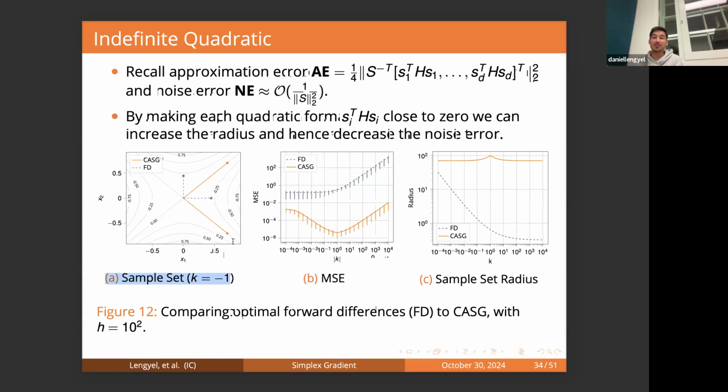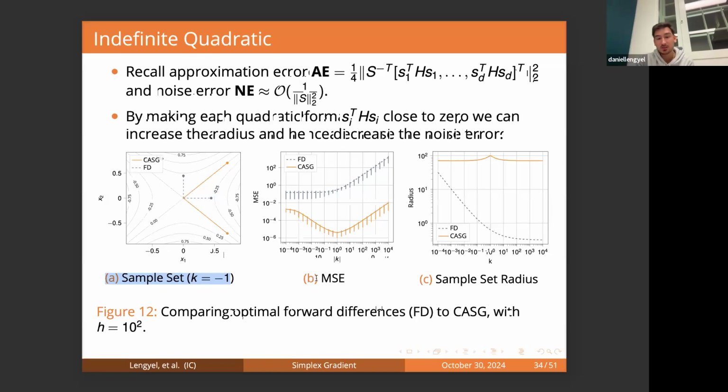And the closer we can align them with those zero sets, the lower we make the approximation error. Obviously, when you have more ill-conditioned Hessians, the zero set lines will change a bit. So you will have to maybe sacrifice some of the orthogonality. But if you have a well-conditioned indefinite problem, you can fully remove the approximation error while staying orthogonal, just as we have done in the previous problem.